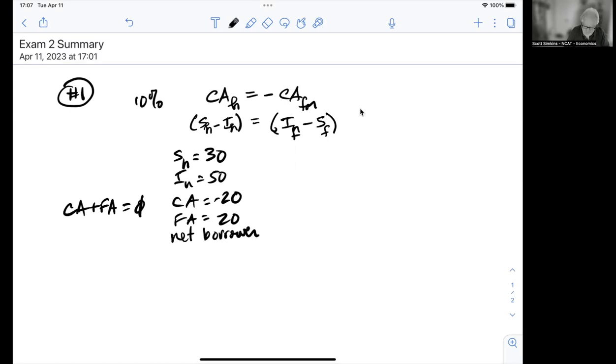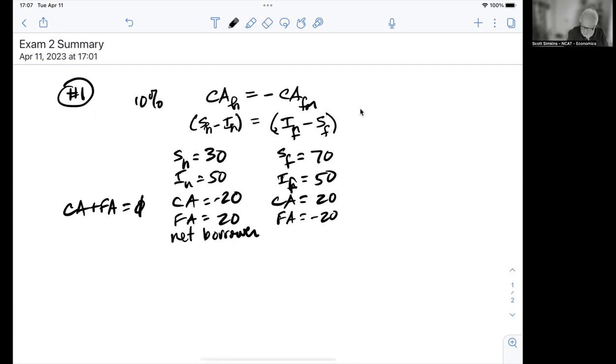Over here, saving in the foreign country is equal to 70. Investment in the foreign country is equal to 50. The current account is equal to 20. The financial account is equal to minus 20. And the foreign country is a net lender.